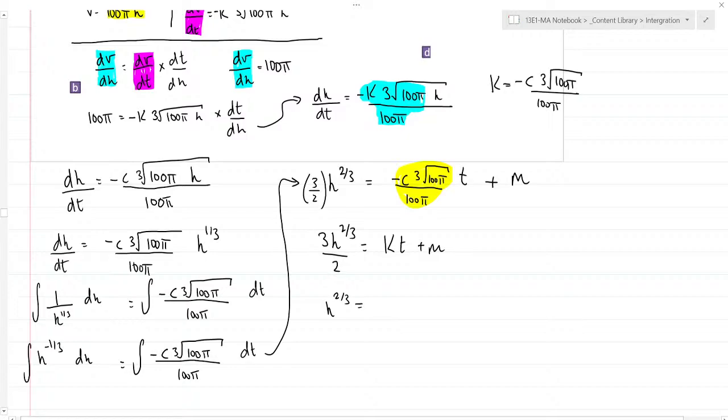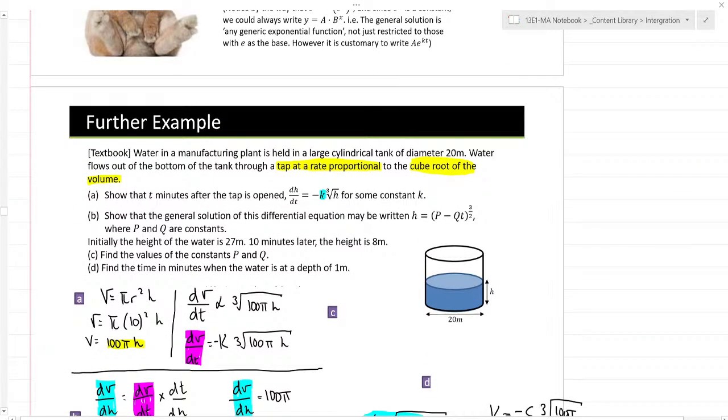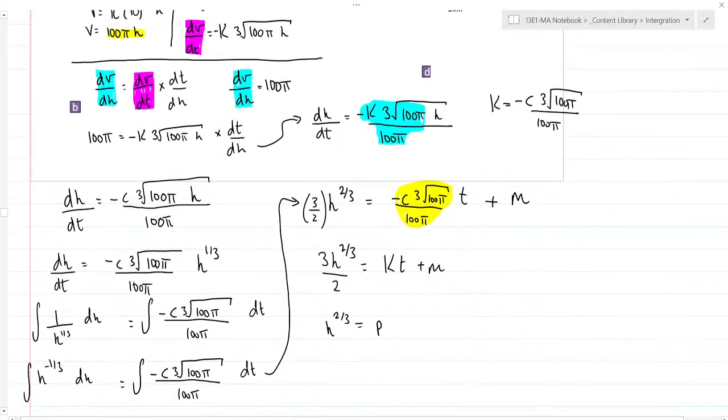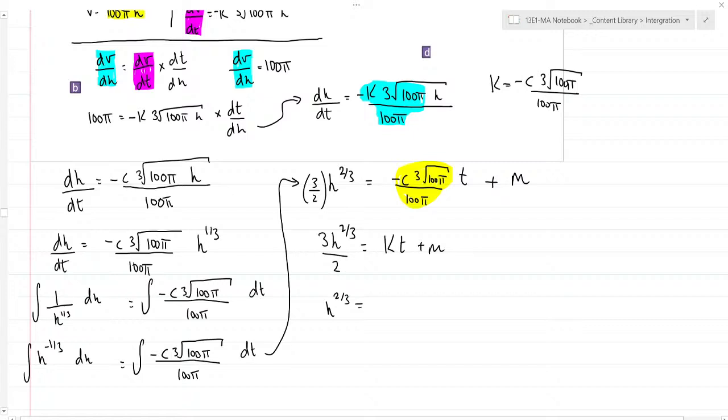And the constants I'm going to call them now are the constants that they want, which are p and q. So p, qt plus p, like so. Is everybody happy with where that's come from? Yeah.